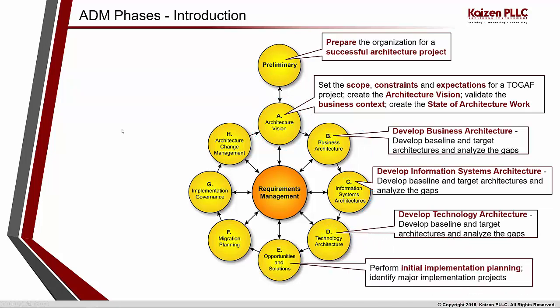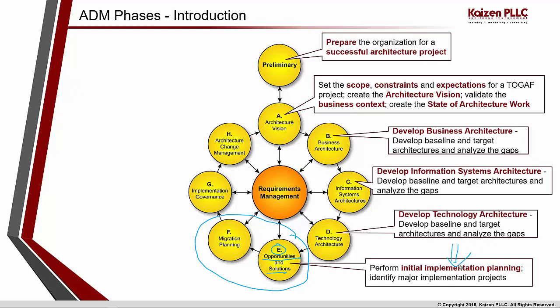And then as you move along, these two phases primarily help you to put up a plan for execution. Phase E talks about the opportunities and solutions. Here you perform the initial implementation plan.